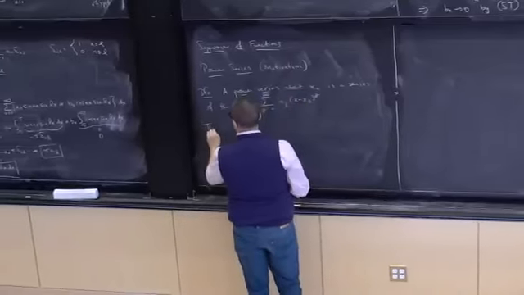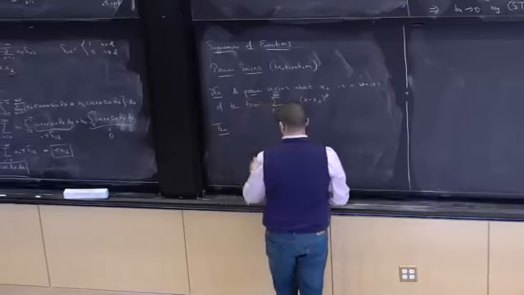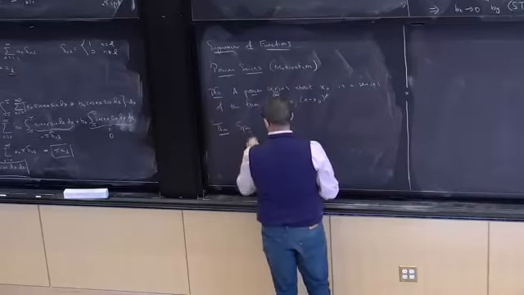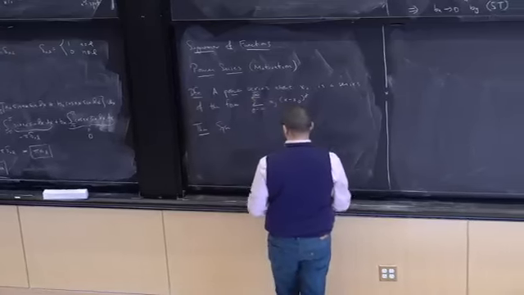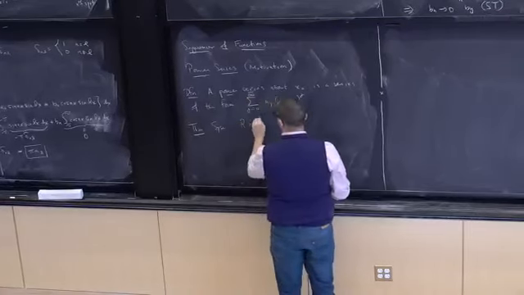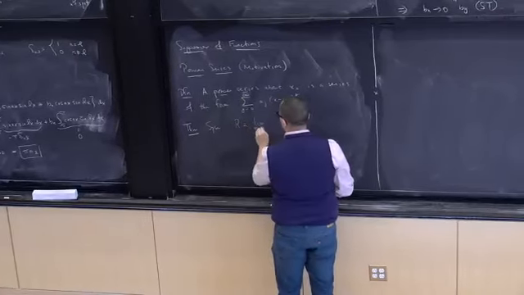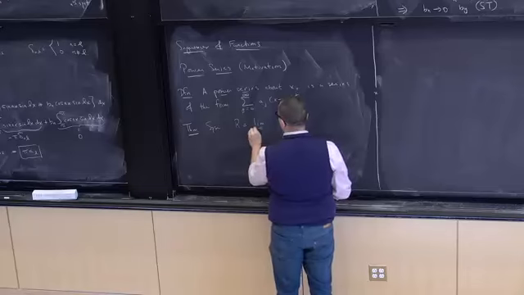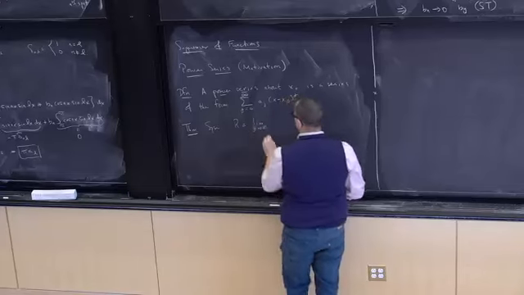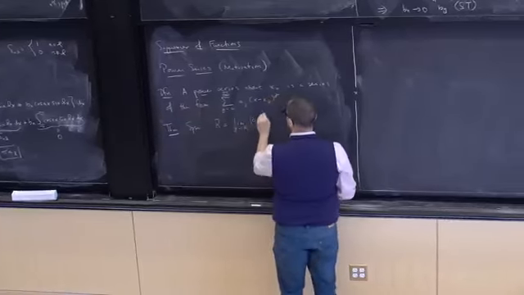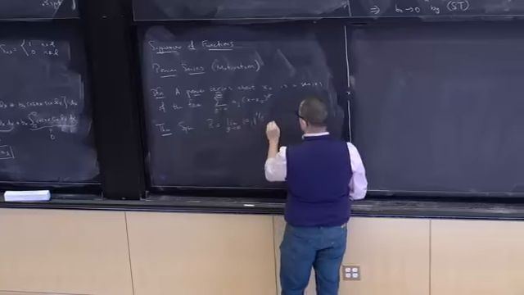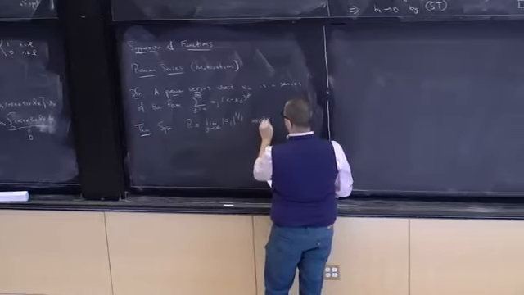So, theorem, which immediately follows from essentially the root test. Suppose this number r, which is the limit as j goes to infinity of the absolute value of a sub j to the 1 over j, exists.